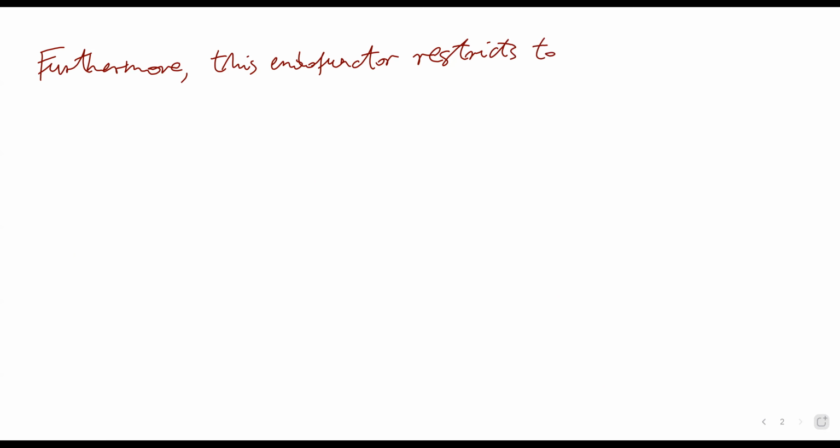So the second part of the lemma says that, as I just announced, this endofunctor restricts to endofunctors, of course, covariant ones, of the following subcategories of graphs.